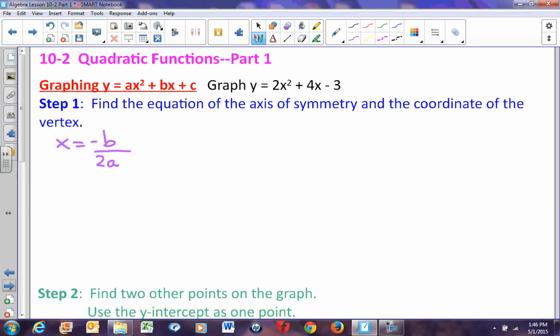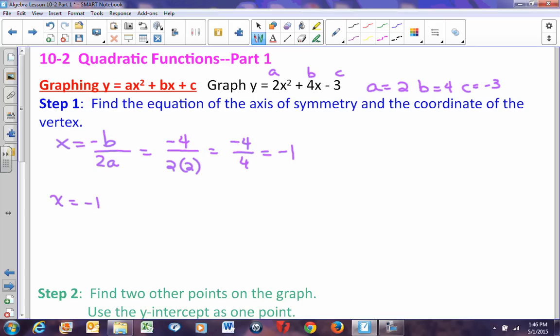In this equation, this is a, this is b, and this is c. If it helps, say a equals 2, b equals 4, and c equals -3. Assign those with numbers. If I apply that, I have -4 over 2 times 2, which is -4 over 4, which is -1. So my axis of symmetry is x equals -1.